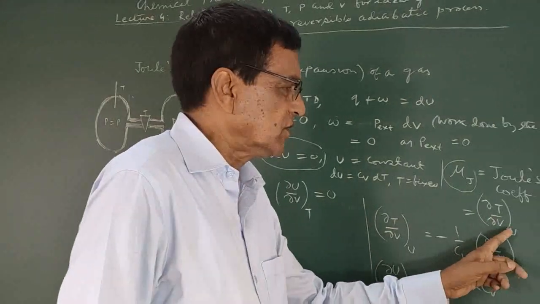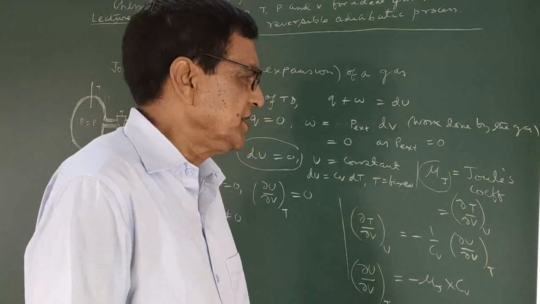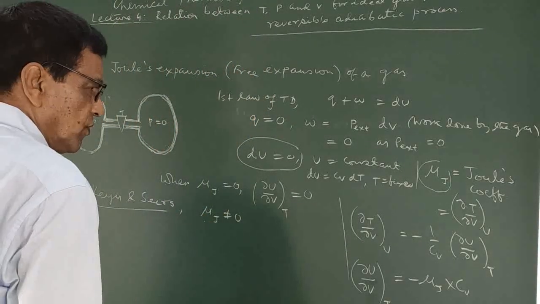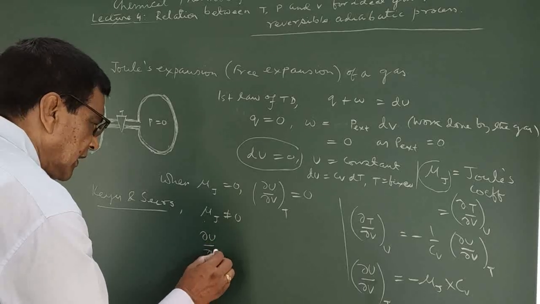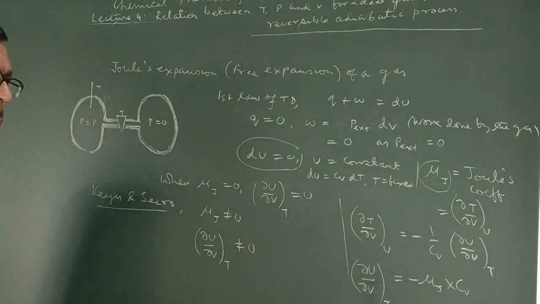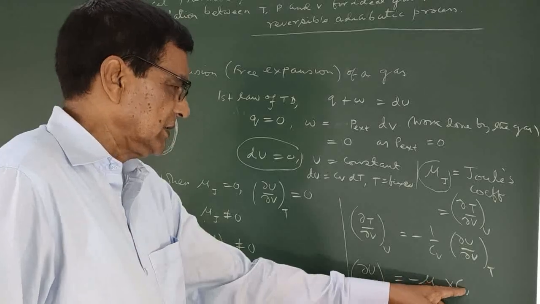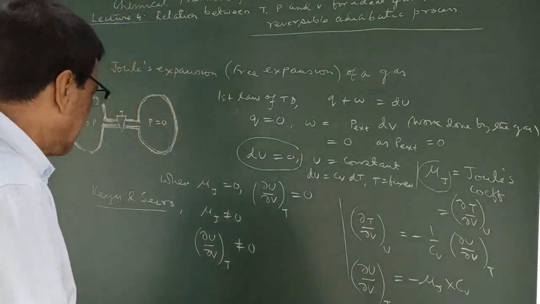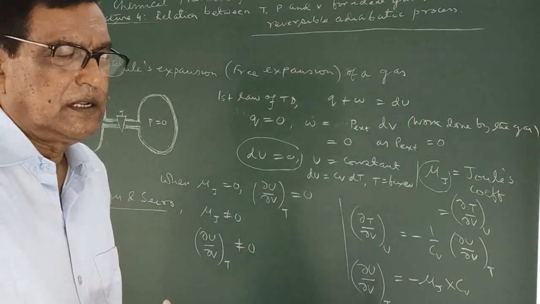Whenever the gas expands at constant internal energy, the temperature changes slightly, delta T is not equal to 0. So mu j is not equal to 0. So del U by del V at constant temperature is also not equal to 0. This is non-zero, since Cv is a fixed value, according to the Keyes and Sears experimental findings.